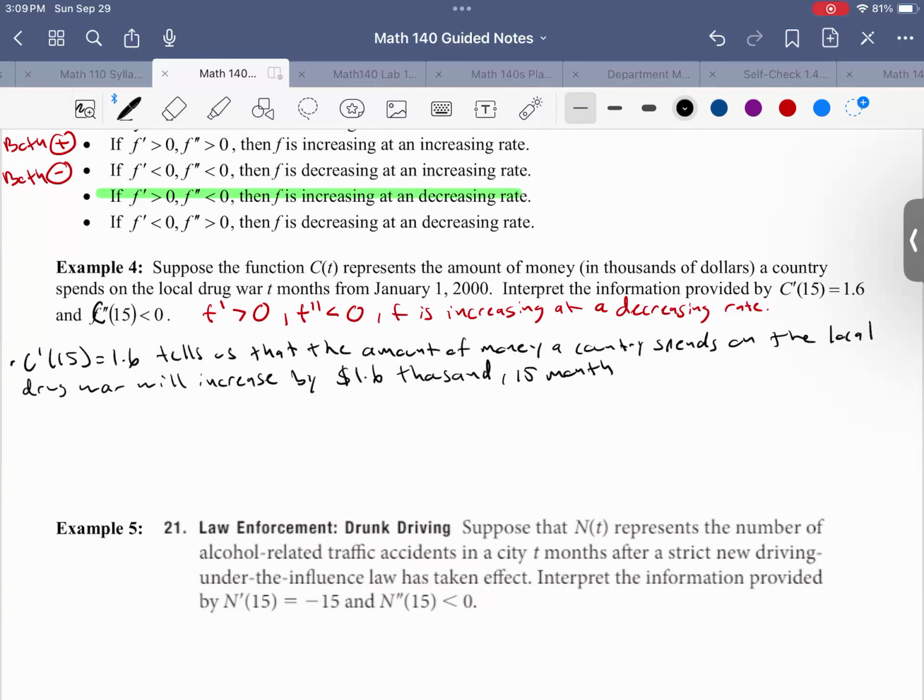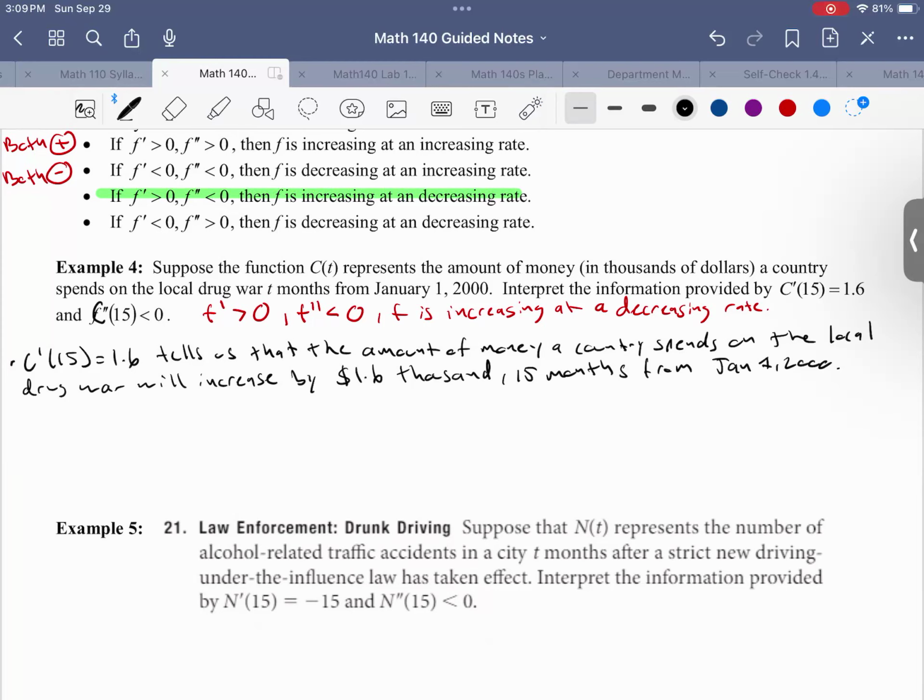That's what that 15 is telling us. 15 months from January 1st, 2000. Okay, so it's going to increase by 1.6 thousand 15 months after January 1st, 2000.